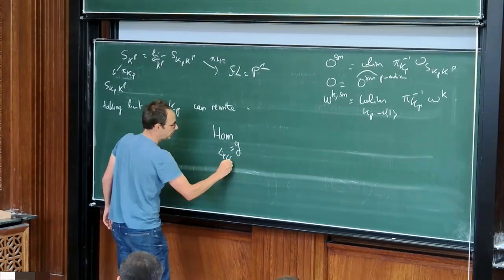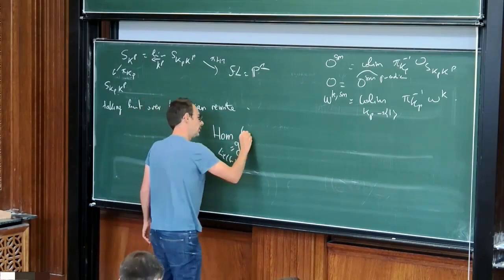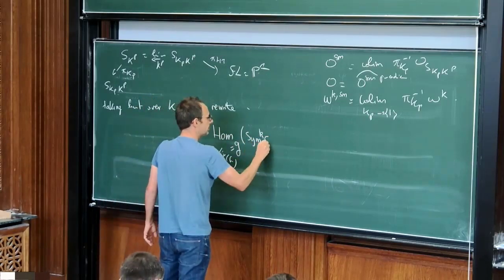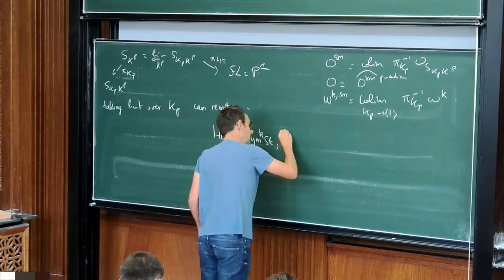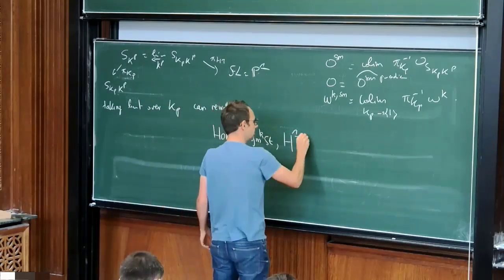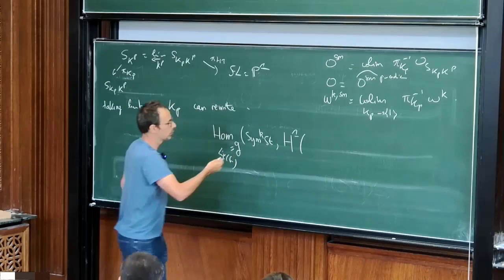The middle term will become the Ω^g, where g is the Lie algebra of G, of the Sym^k of the standard representation into the H^1, the locally analytic vectors of the completed cohomology.